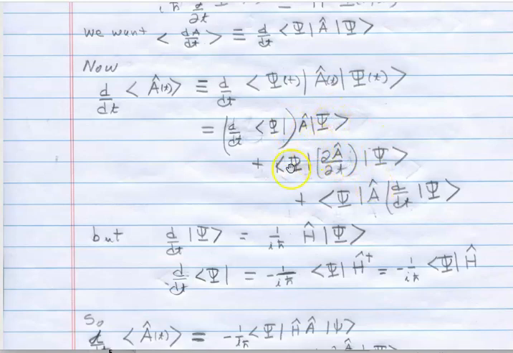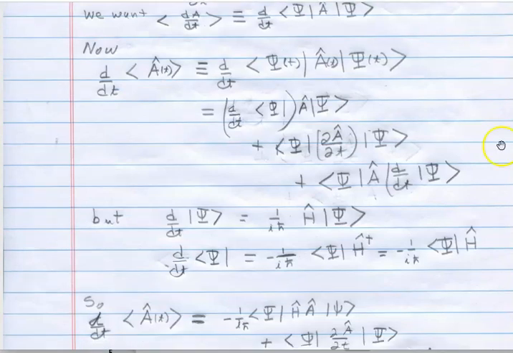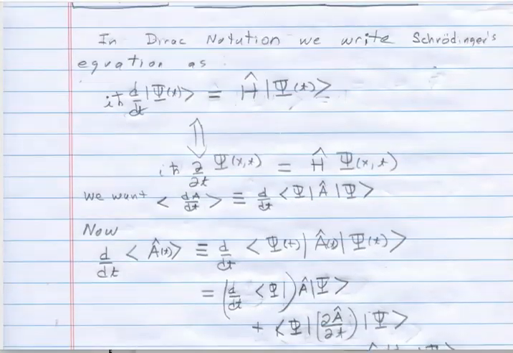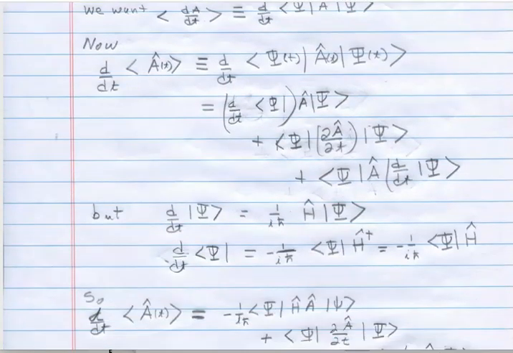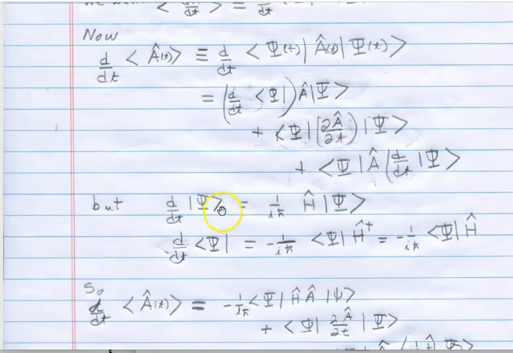And then finally, using the product rule, you have this piece and this piece times the time derivative of the last term, which is here. So one essentially uses the product rule on each term. And then you just make the identification from the Schrodinger equation. I can divide both sides by iħ, and I get this as another Schrodinger equation. And everywhere I've got a d/dt, I can put that in.